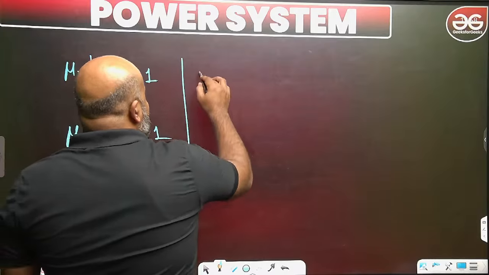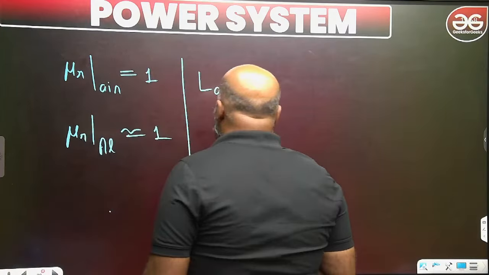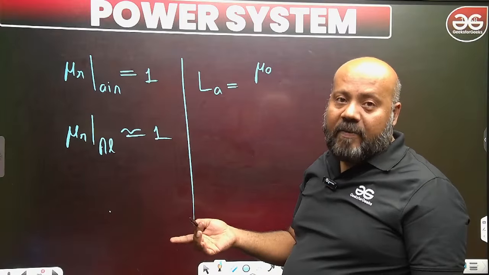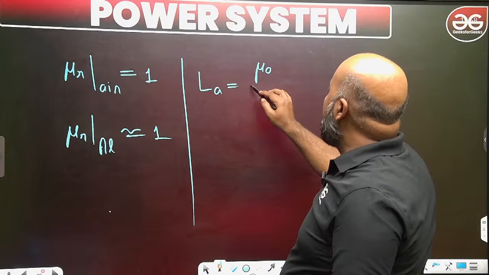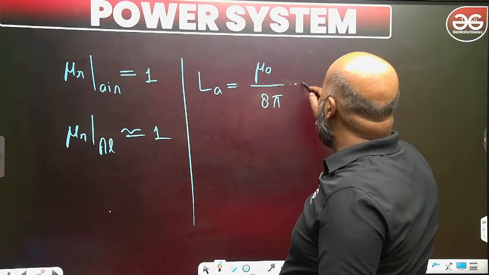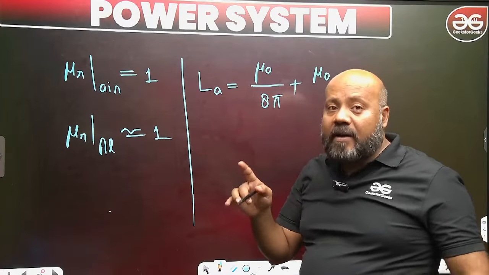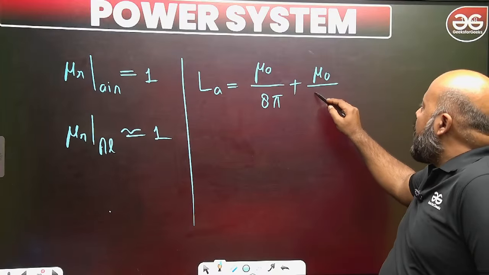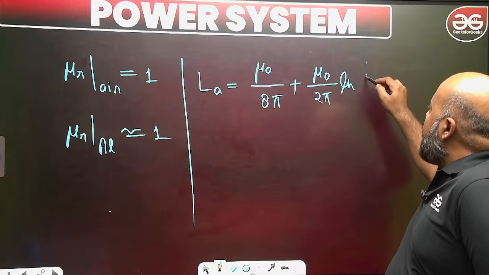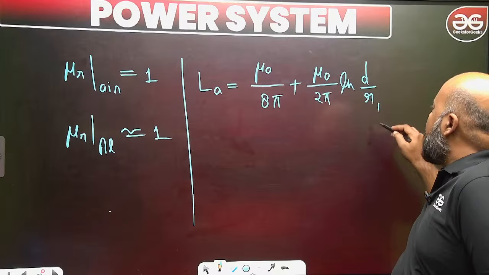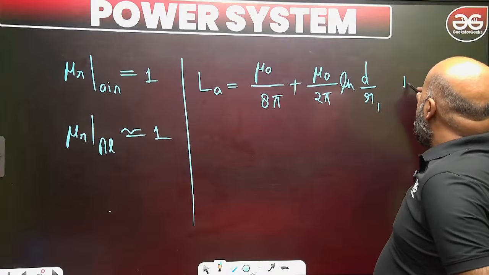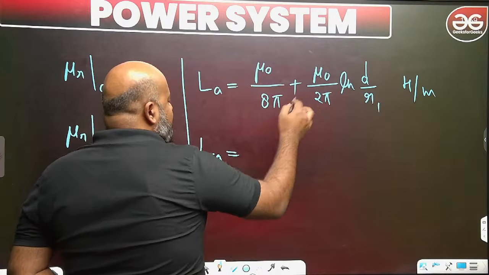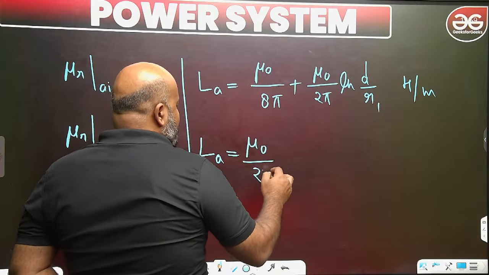So what happens when you write the inductance for A phase? You write mu naught mu r upon 8 pi, where mu r is 1 for the aluminium conductor, plus mu naught mu r for the air medium, again 1, upon 2 pi ln D upon R or R1, Henry per meter. Now we take mu naught upon 2 pi as common.